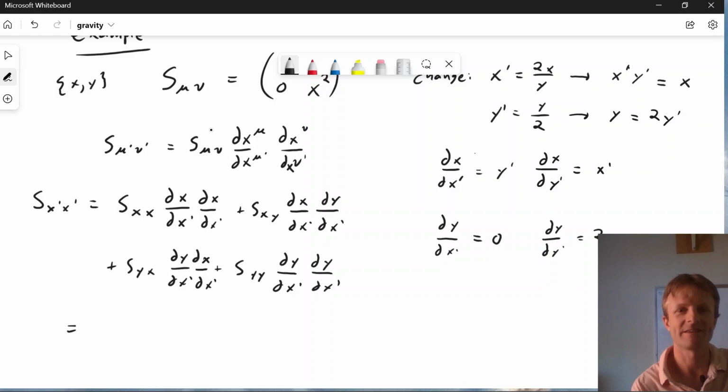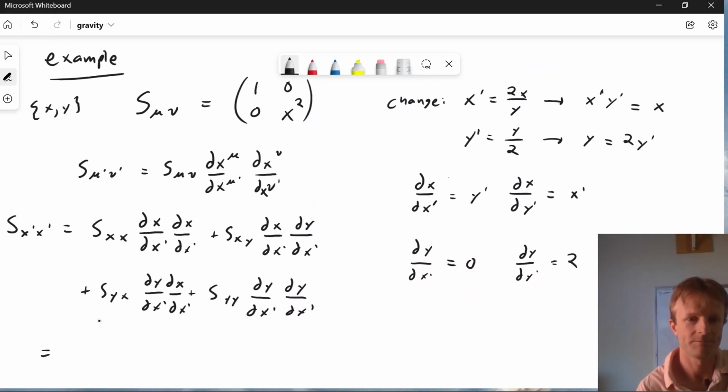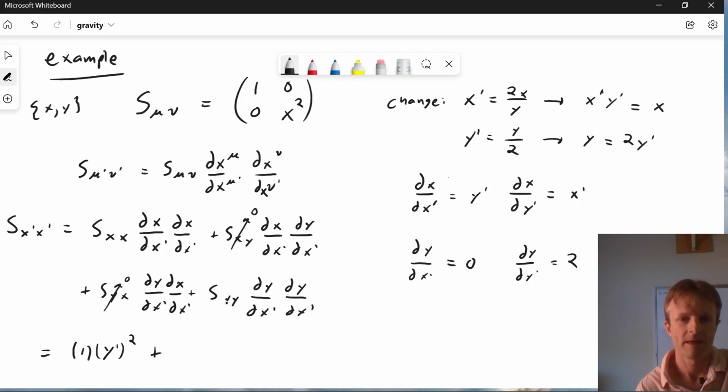And we just keep going. So we look up Sxx. That is 1. dx dx prime was y prime, so that's y prime squared. Do tell me if I make a mistake. Sxy was 0, so that's easy. Same with Syx. Syy is x squared. And we need dy dx prime, which is 0.